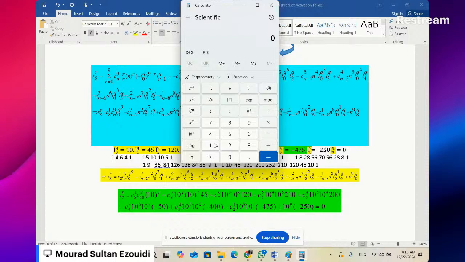Will be negative 8 times 9, then minus 8 times 45, times 45, then plus 7 times 120, then minus 6 times 210, then plus 5 times 200.